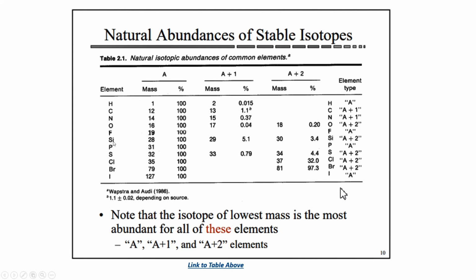Sulfur, not so much. Silicon, not as much. Bromine is very distinctive because it's an A+2 element, where the abundance for bromine 79 is 100, and for 81 is 97%, so it'll be very large. And there are some other monoisotopic ones that do not have any significant isotopes, such as iodine and phosphorus.